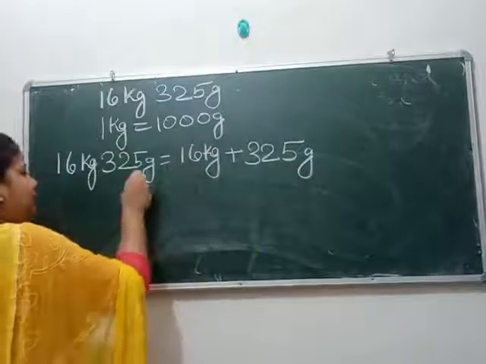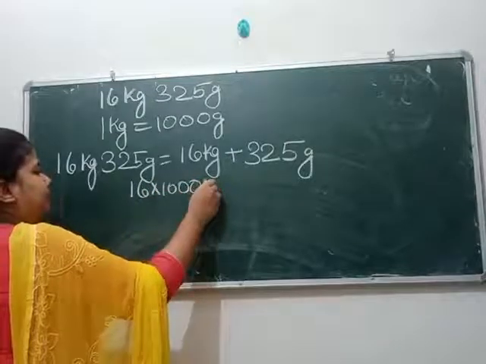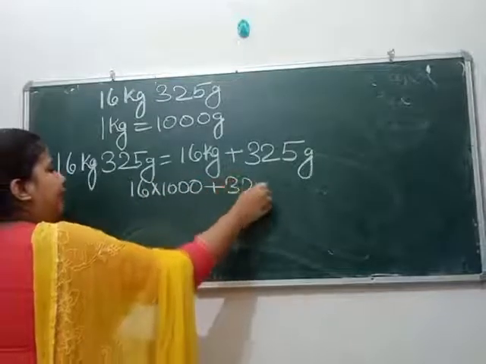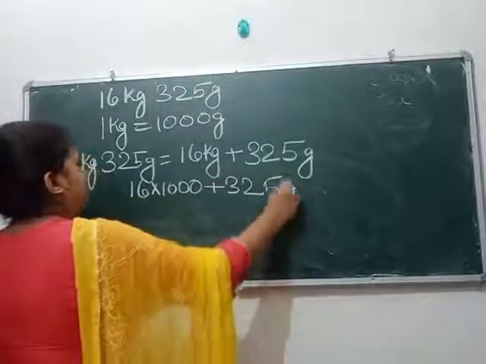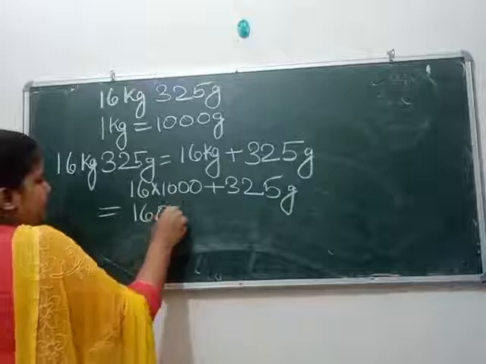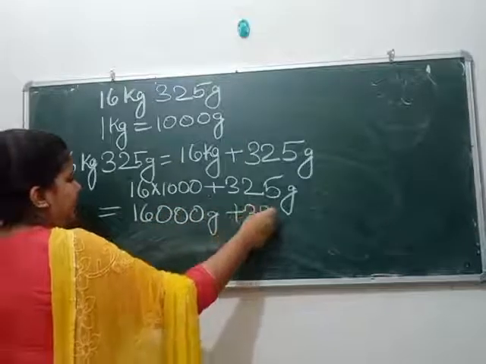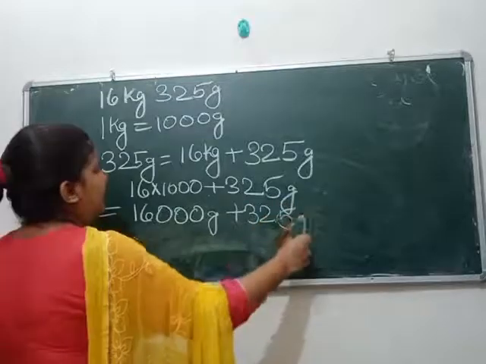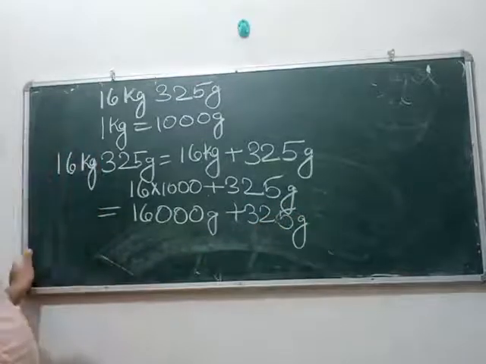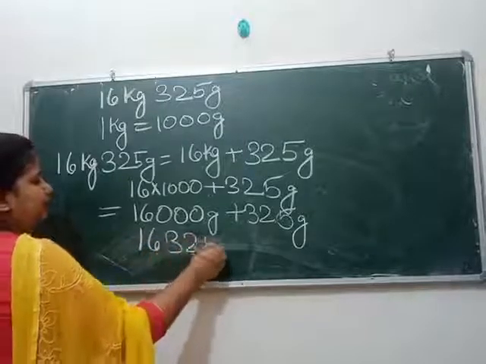So you will get 16 into 1000 plus 325 gram. 16 into 1000 you will get 16,000 gram plus 325 gram. Okay. Now what? Adding these two together you will get your answer.